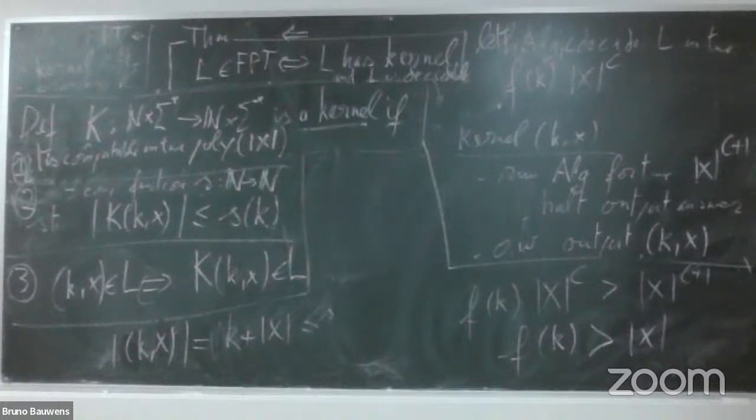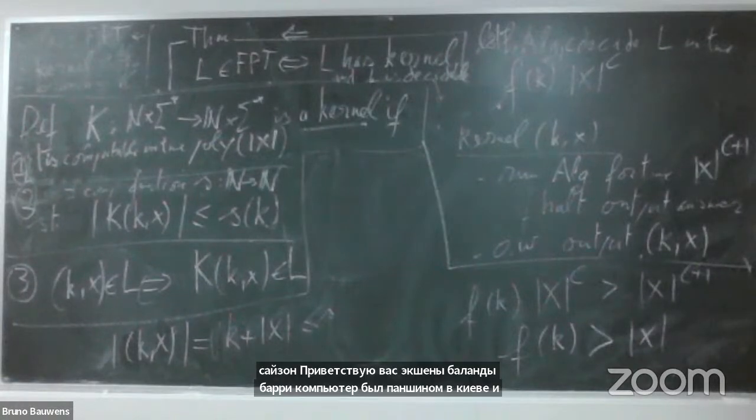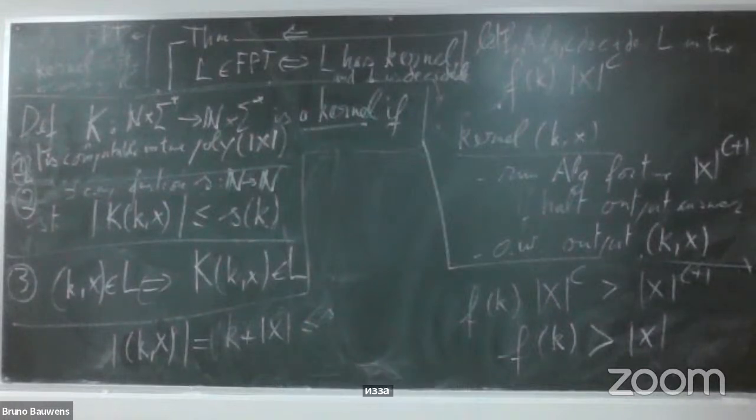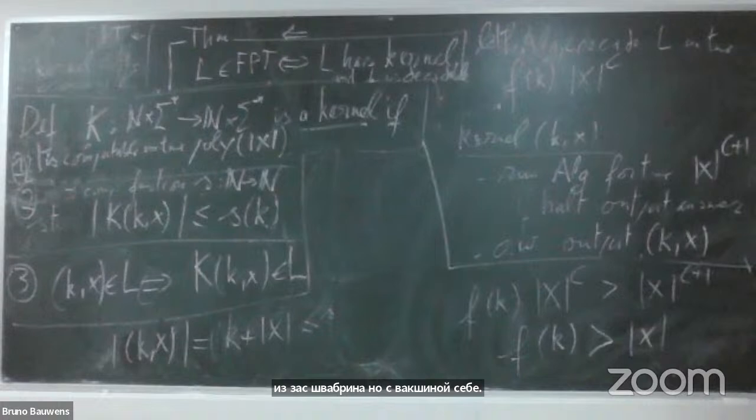The size of x is lower than f of k, which is a computable function. And obviously k plus size of x is lower than f of k plus k, which is a computable function as well, so we can just set the function to be f of k plus k.